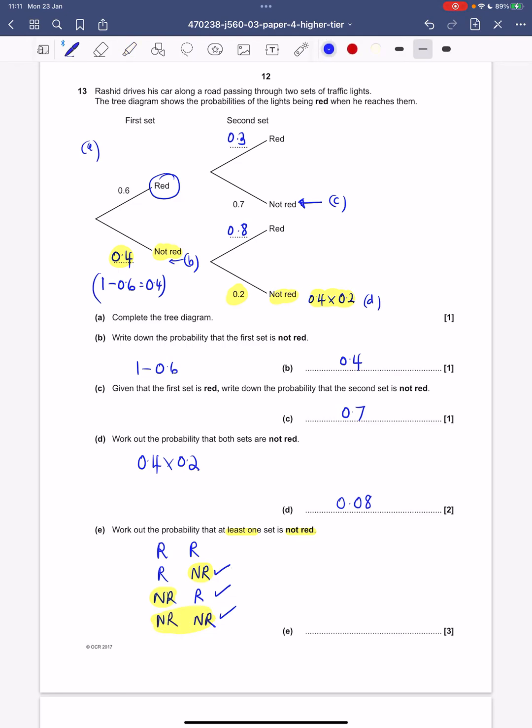So we want those. We don't want that one. Because all four of these will add up to 1, it's going to be 1, take away the probability of red followed by red. Red and red is 0.6 times 0.3. 1 minus 0.18 is 0.72.